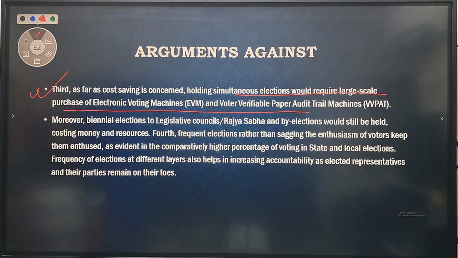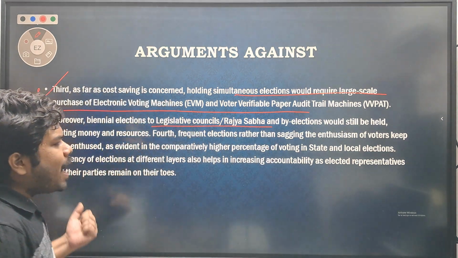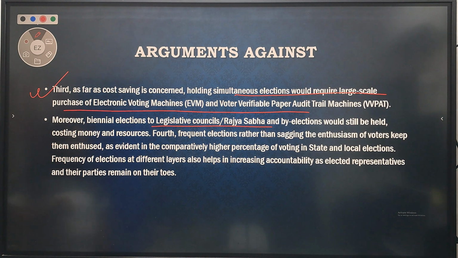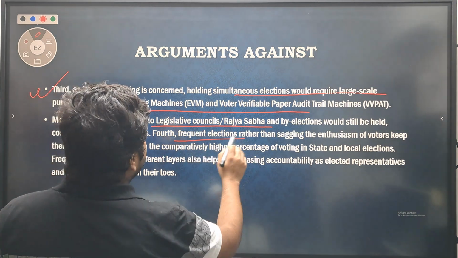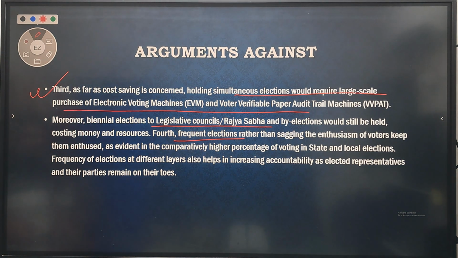Moreover, biennial elections to legislative councils or Rajya Sabha and by-elections would still be held, costing money and resources. The fourth point is that frequent elections, rather than sagging the enthusiasm of voters, keep them enthused, as evident in the comparatively higher percentage of voting in state and local elections.